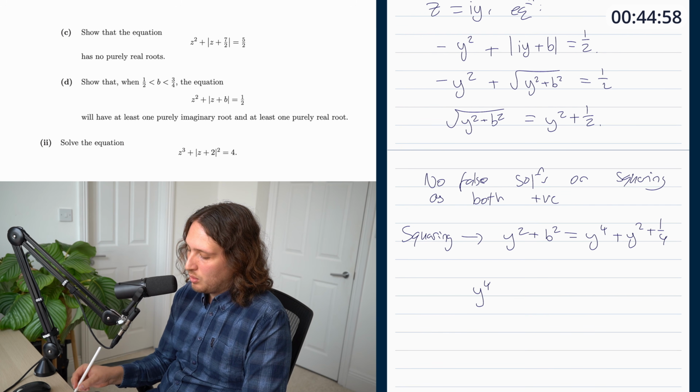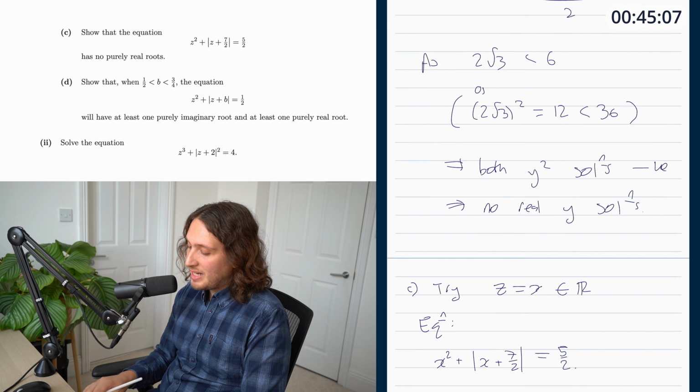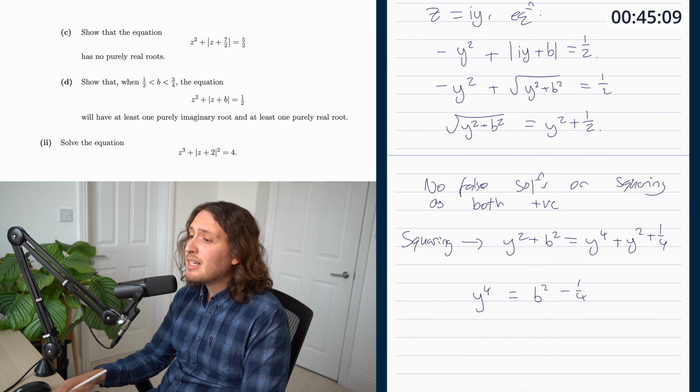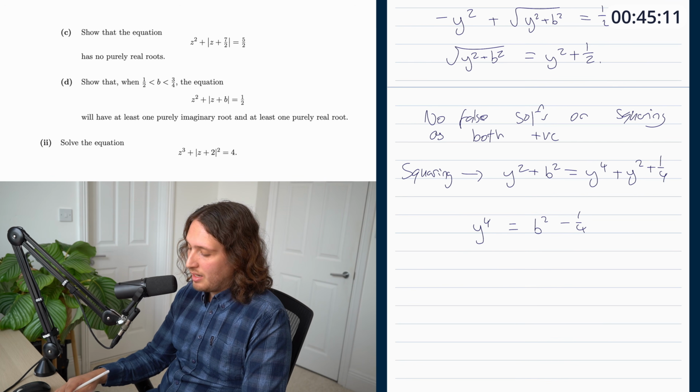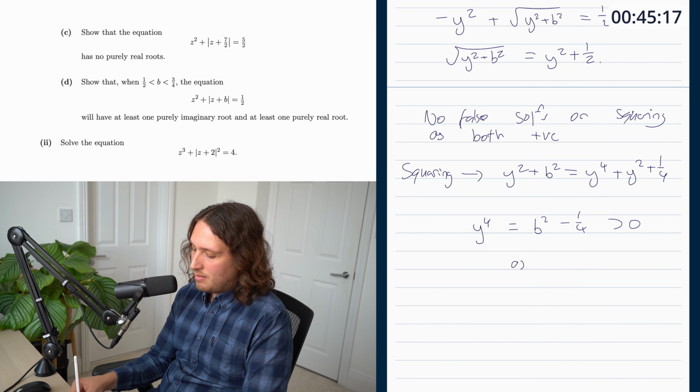So y to the 4 is b squared minus 1/4, which is at least 0, because we did say that b was between 1/2 and 3/4. So this is positive as b, let's be really precise, b is between 1/2 and 3/4, means that b squared is bigger than 1/4.